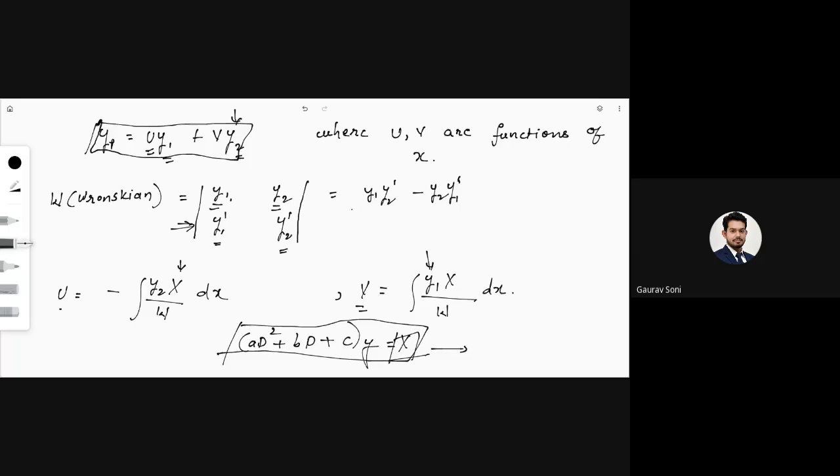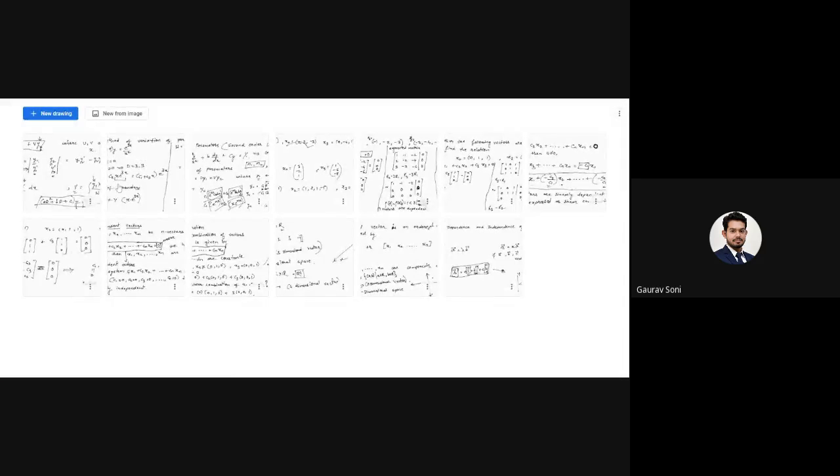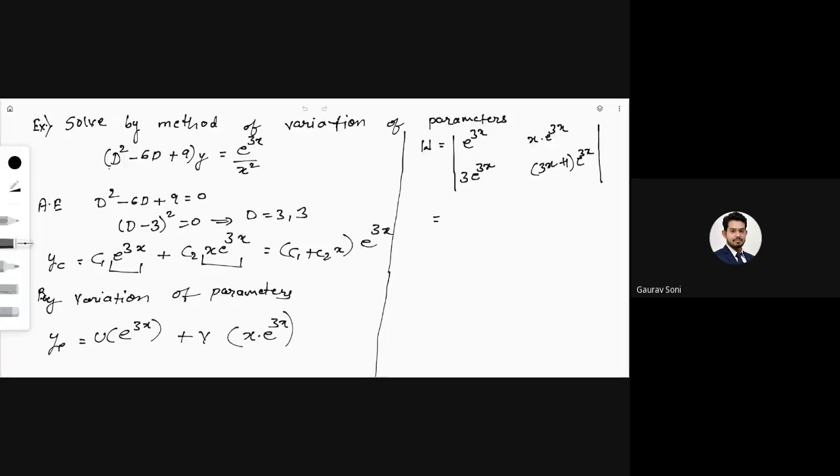So in this one, what I have done is, my y1 is e to the power 3x. So the derivative of e to the power 3x is 3 e to the power 3x. And x into e to the power 3x: when you take the derivative of x into e to the power 3x, you have to apply the u into v rule.